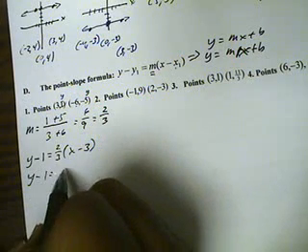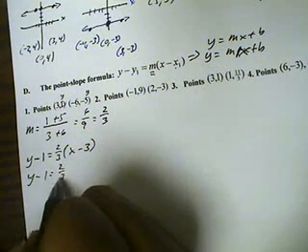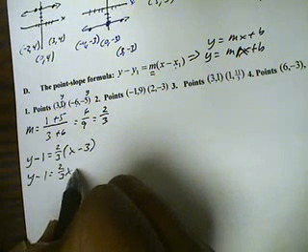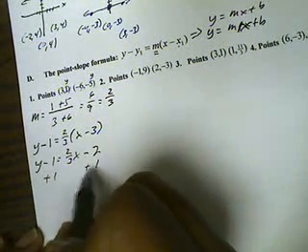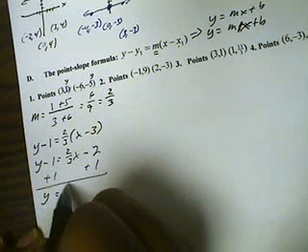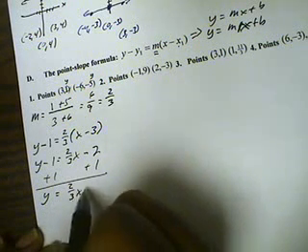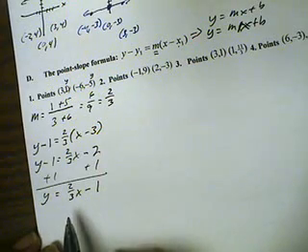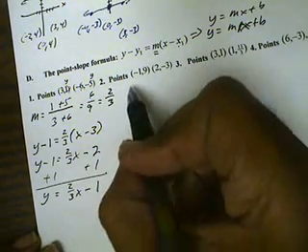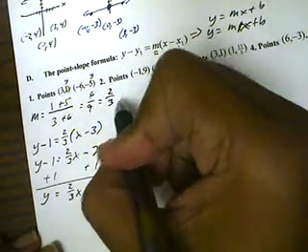Now I want to distribute my 2/3. I'll get 2/3 x minus 2. Now add 1 to both sides, and we'll get y equals 2/3 x minus 1. Next, we want to find the slope here.